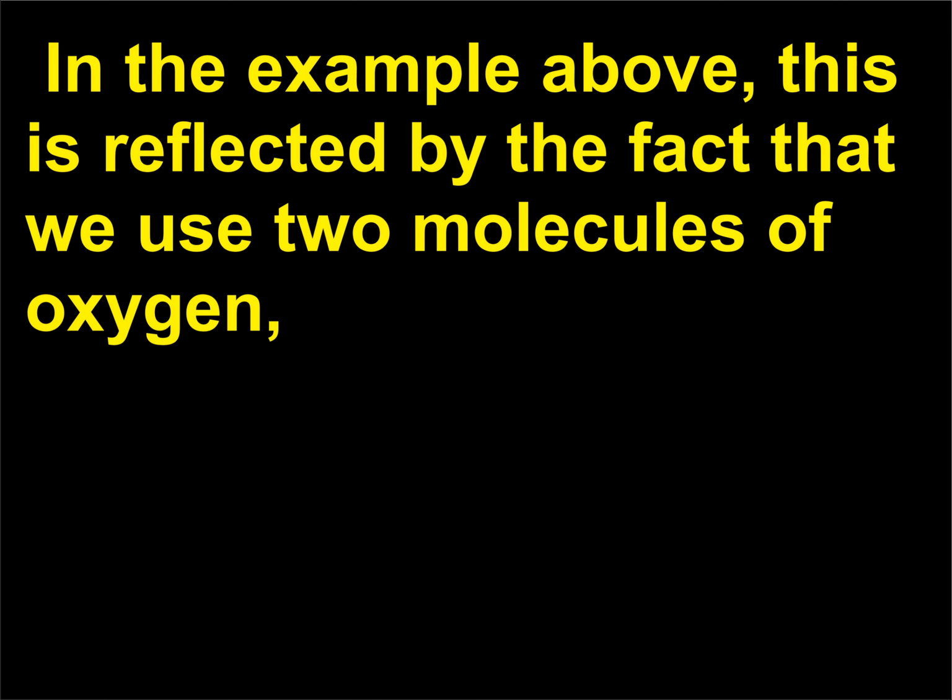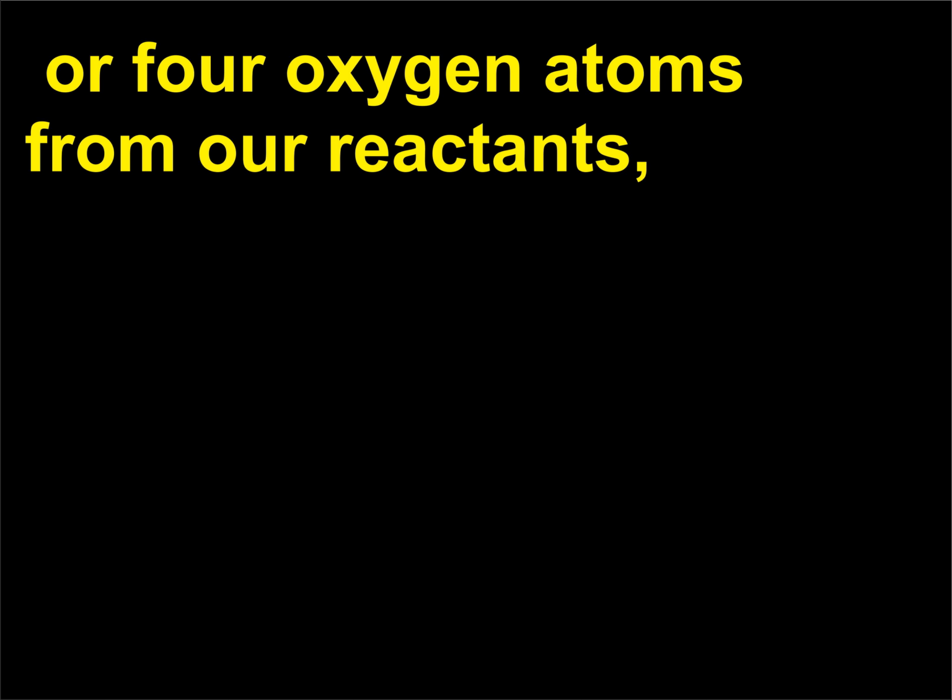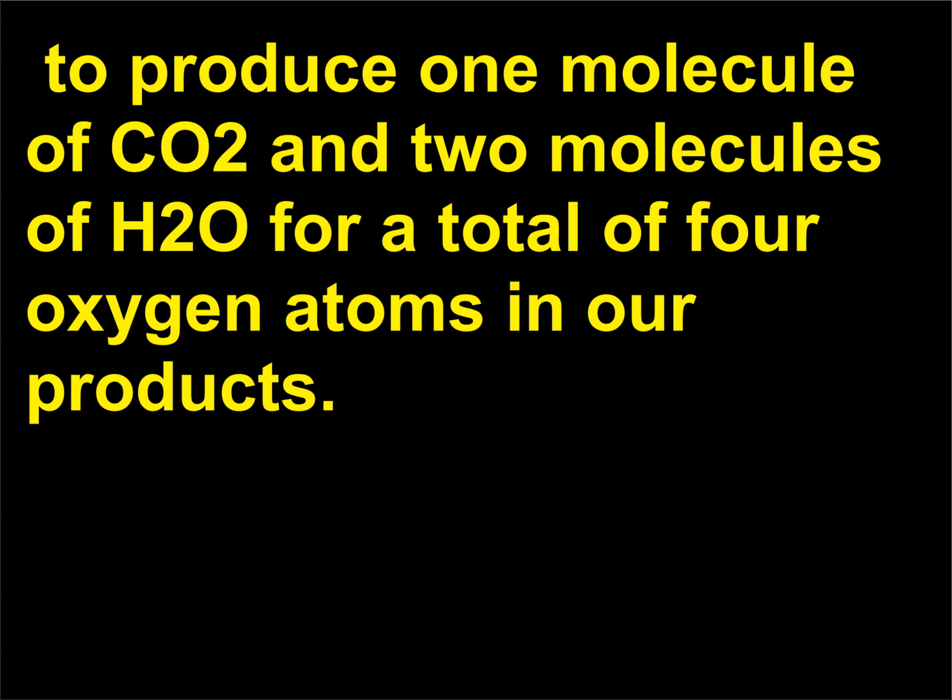In the example above, this is reflected by the fact that we use 2 molecules of oxygen, or 4 oxygen atoms from our reactants, to produce 1 molecule of CO2 and 2 molecules of H2O for a total of 4 oxygen atoms in our products.